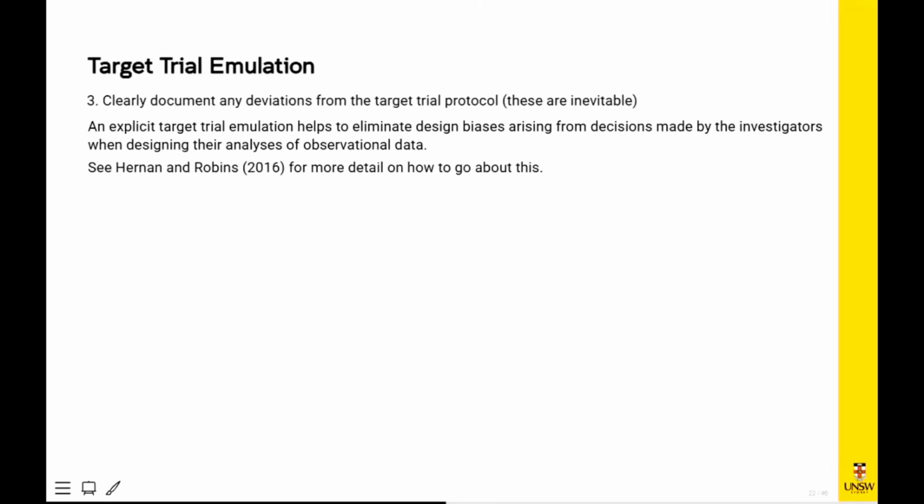If you are interested in this type of research, Hernan and Robins in 2016 have done a really good job of talking about what the idea is here and how to go about doing it. Also, the talk after this one by Kristen Hunter covers causal inference, and target trial emulation is included in the world of causal inference.